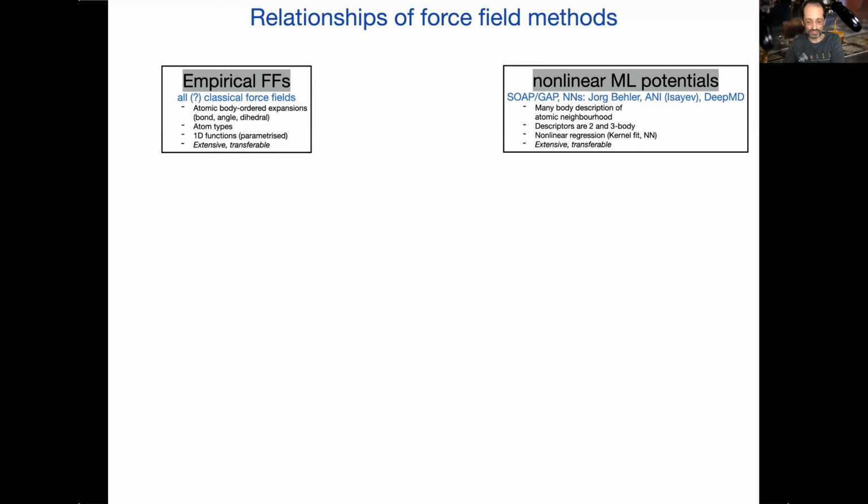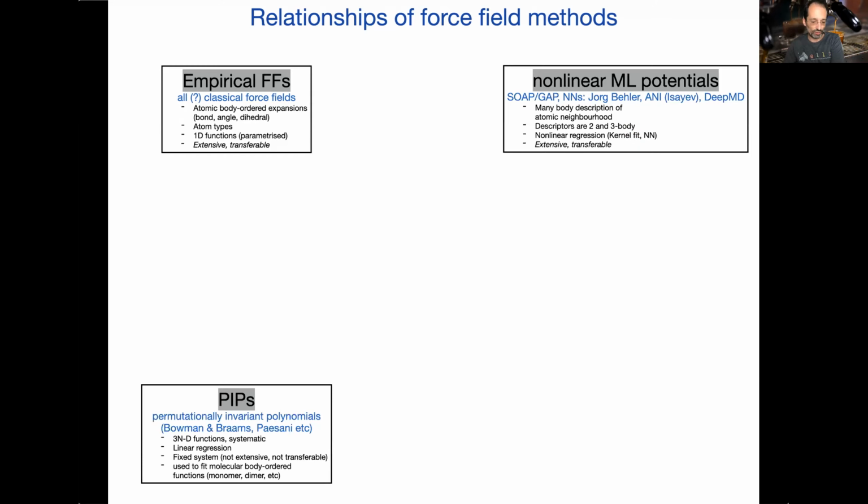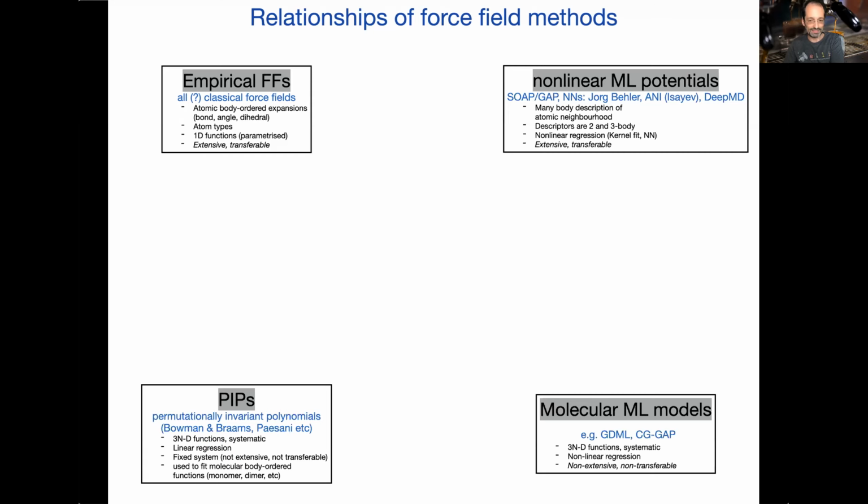Fine, they don't extrapolate very well. The quantum chemists have systematic expansions, but of very small molecules, and they scale exponentially. So that's why you haven't heard of them. And then, of course, there are molecular models that are very close to these nonlinear ML models, but again, they're not extensive, non-transferable, but systematic.